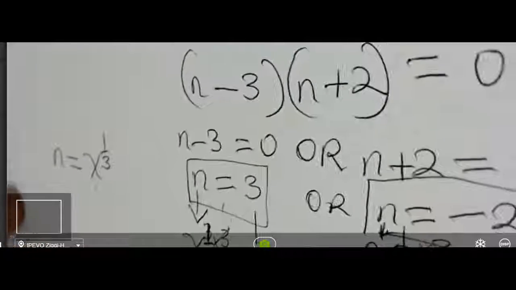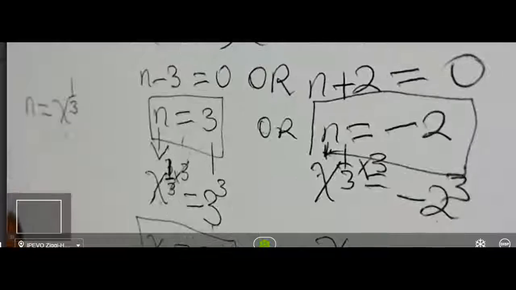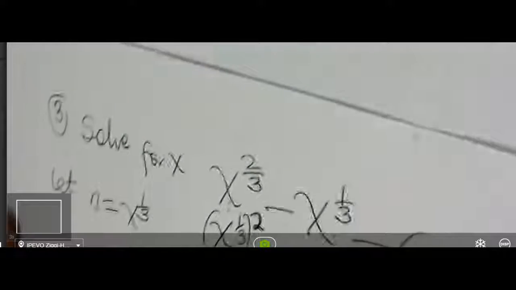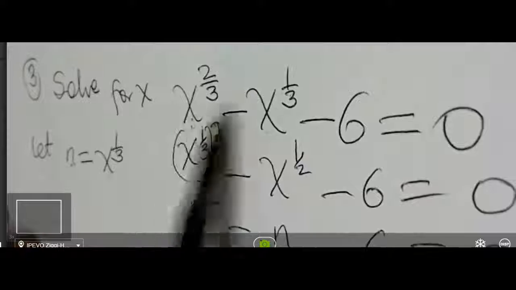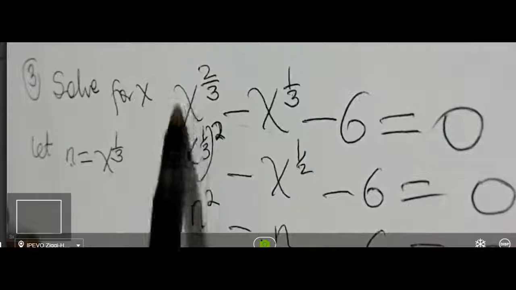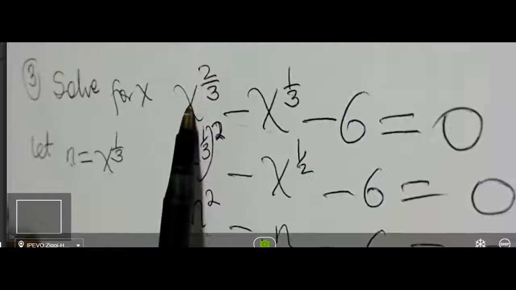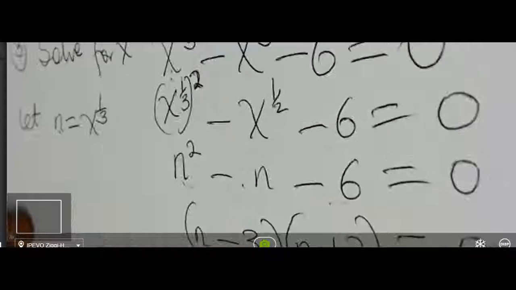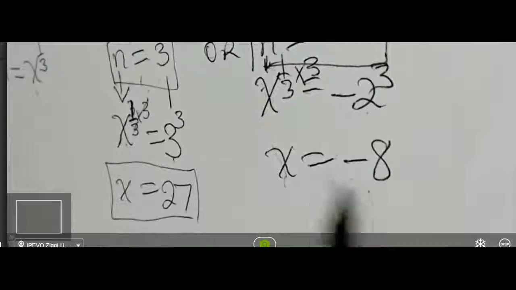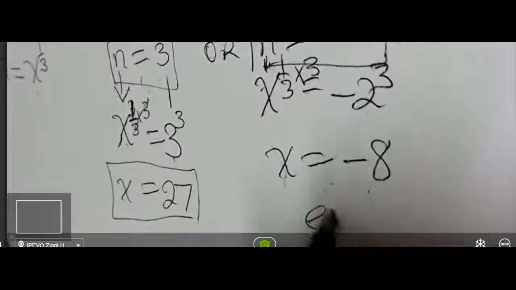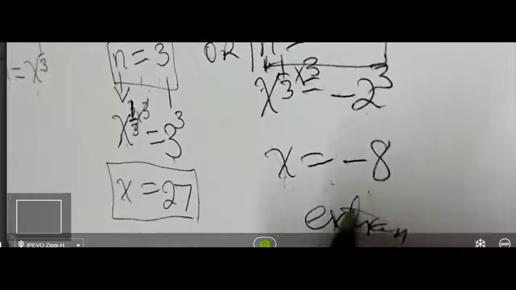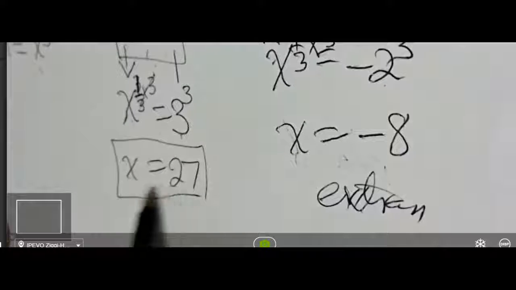But then this is negative 8, remember. If we go back here, the base cannot be negative, so x cannot be negative. Therefore, this is extraneous. So our real solution is 27. x equals 27.